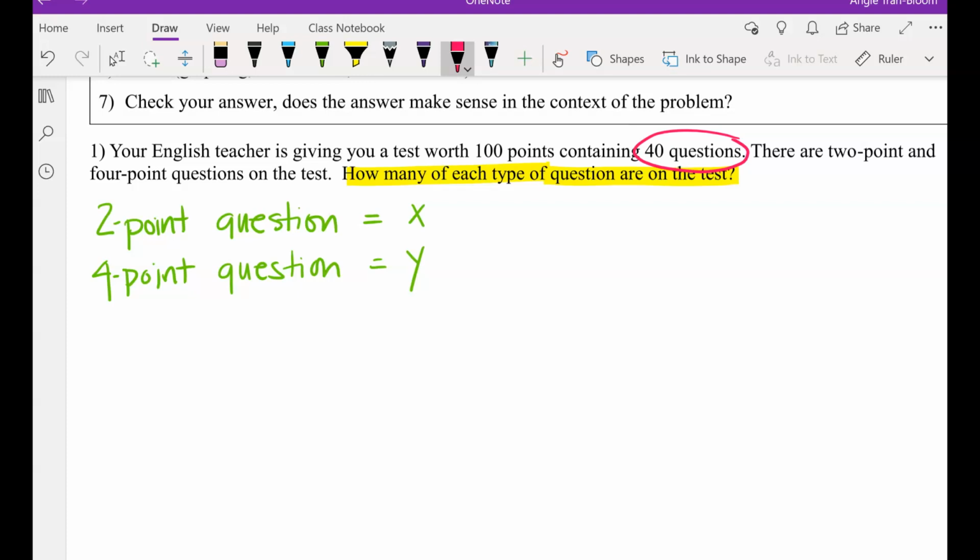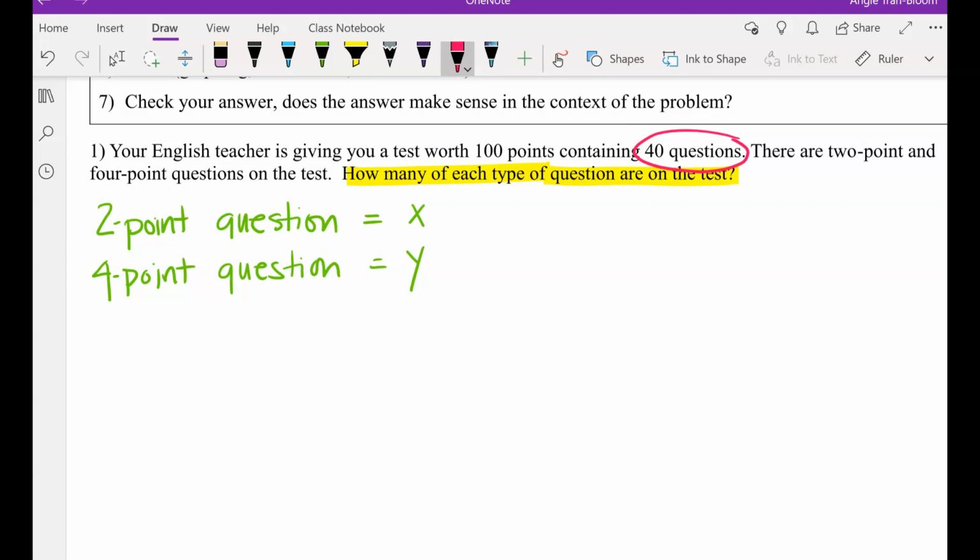The total number of questions is how much? 40, right? Points is 100. But question-wise, would you agree question-wise there are 40 questions total? Yes. So if you have 40 questions total, what is that going to be composed of?